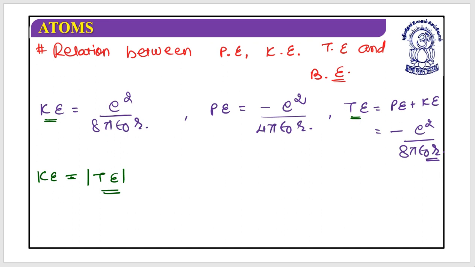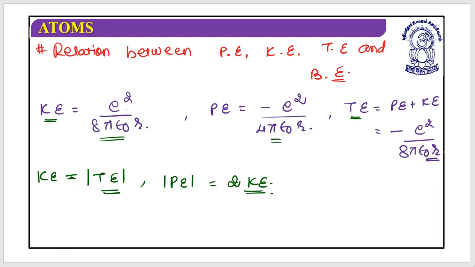First thing. A second thing, let's have a relation between kinetic energy and potential energy. Look at this. This is e square by 8 pi epsilon naught r, while this is minus e square upon 4 pi epsilon naught r. That means I can write that the mod of potential energy is equal to twice the kinetic energy.